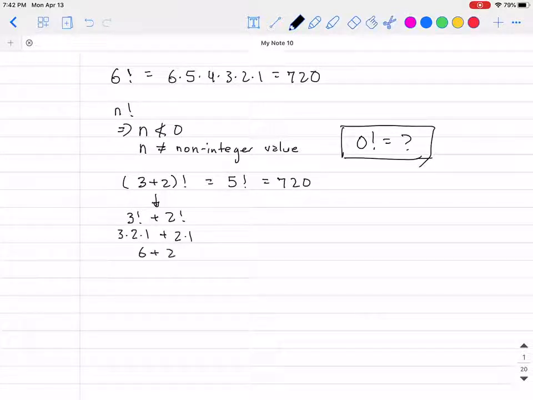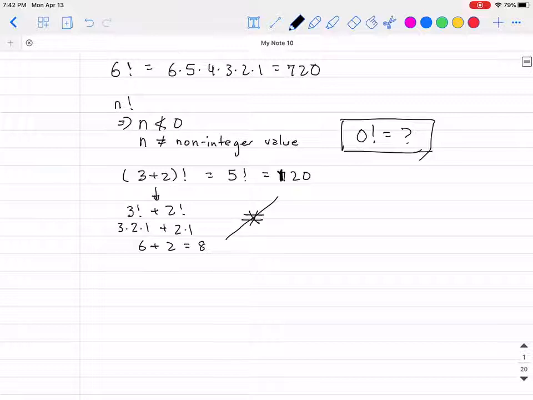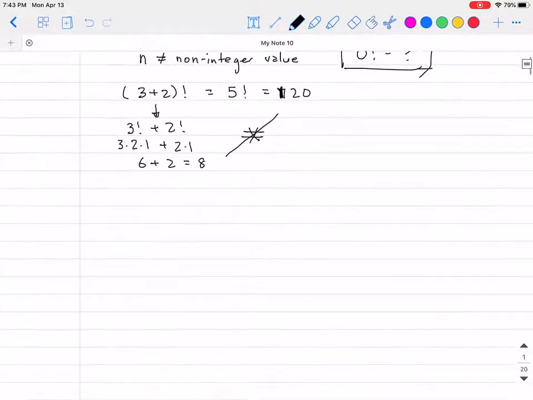The answer is going to be 6 plus 2, which is equal to 8. And these two are not equivalent to each other. Oh, actually, I made a mistake right there. It's supposed to be 120. So all that stuff in the past, order of operations, this still applies. We have to be careful about that.